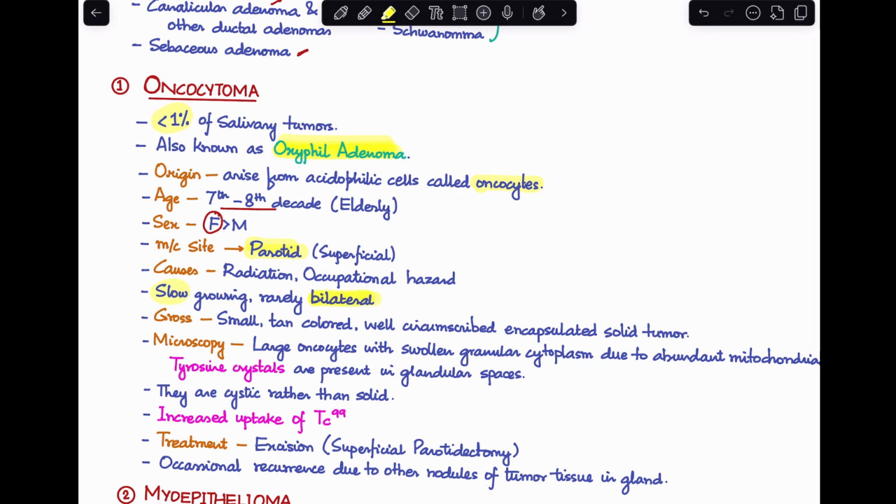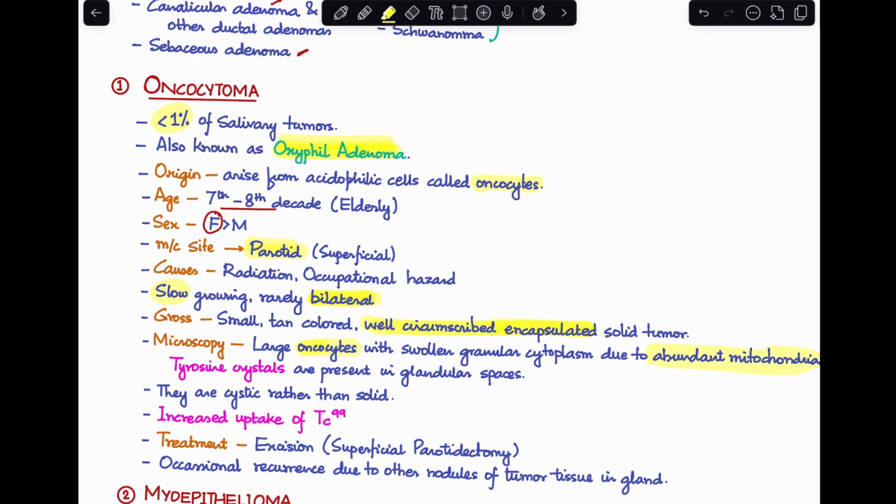When you perform histology, on gross examination, we will see a small tan colored, well circumscribed, and encapsulated solid tumor. So, these tumors have a capsule. On microscopy, we notice large oncocytes with swollen granular cytoplasm, and this swollen granular cytoplasm is because of abundant mitochondria.